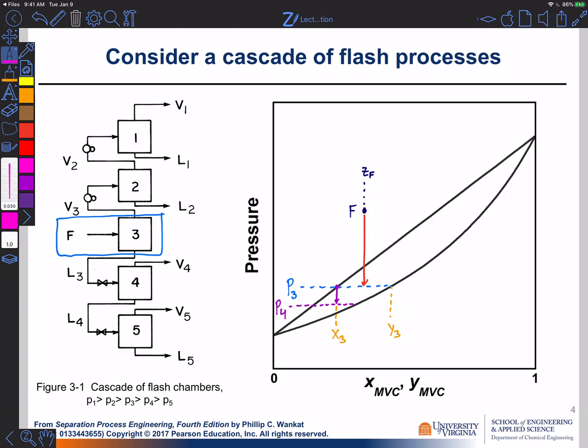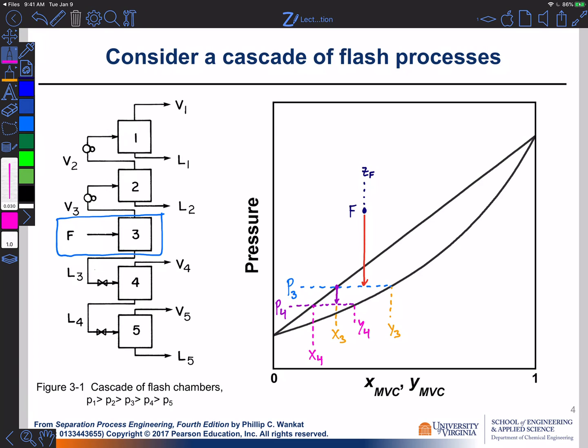That would allow us to generate additional products, we'll call those X4 and Y4, corresponding to the liquids and vapors that are coming off of drum number 4 here.